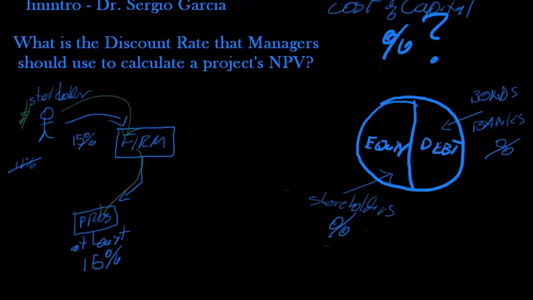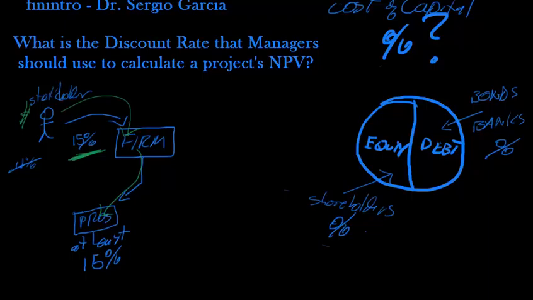The firm is dumping it into the project, and you want that money to come back with enough return to the stockholder that we can get the 15% the stockholder wants. This is the stockholder's cost of capital. It should cost us 15% to acquire his capital.